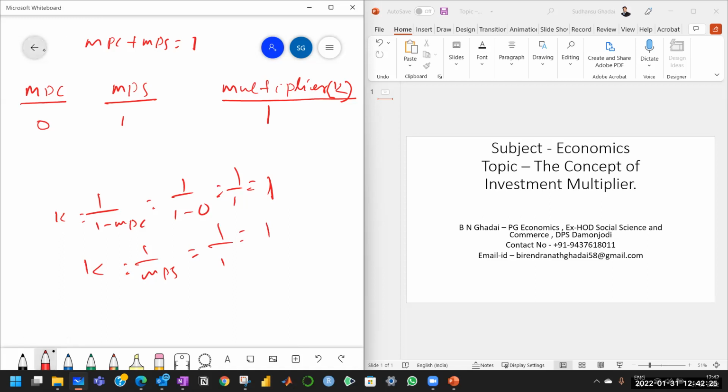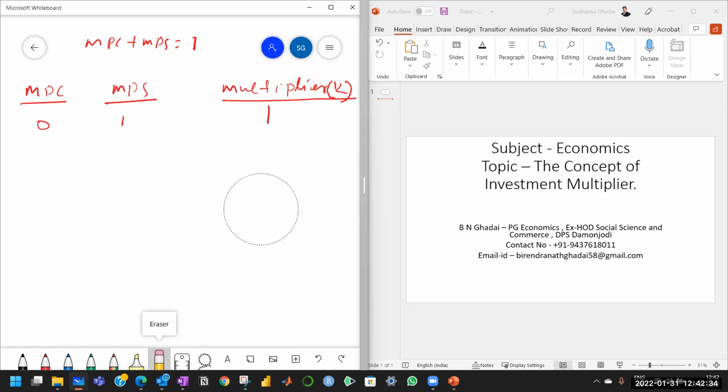And here we got very important information. What is the minimum value of a multiplier? The minimum value of multiplier is 1. When the value of MPC is 0, the value of multiplier is 1. Now, suppose the MPC is 0.5.